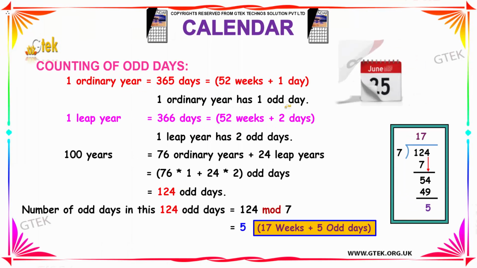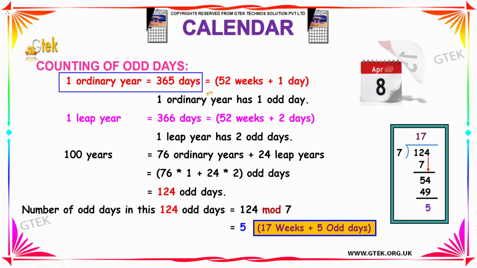Let us see how to count the number of odd days in a year. An ordinary year, as we all know, has 365 days. These 365 days can be grouped into 52 weeks and 1 day. That is 52 complete weeks and 1 odd day, which can't be grouped into a week.